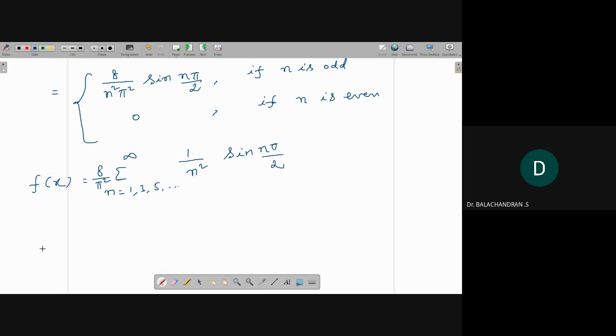Okay, so now you can write 8 by pi square. If I want to write in terms of 1 to infinity, so you should write n as 2n minus 1.